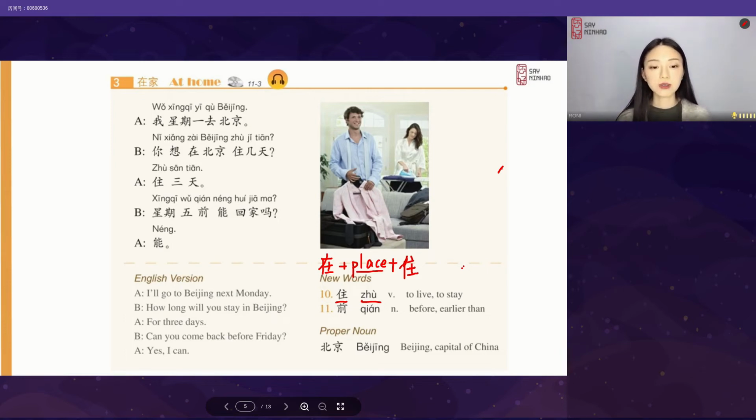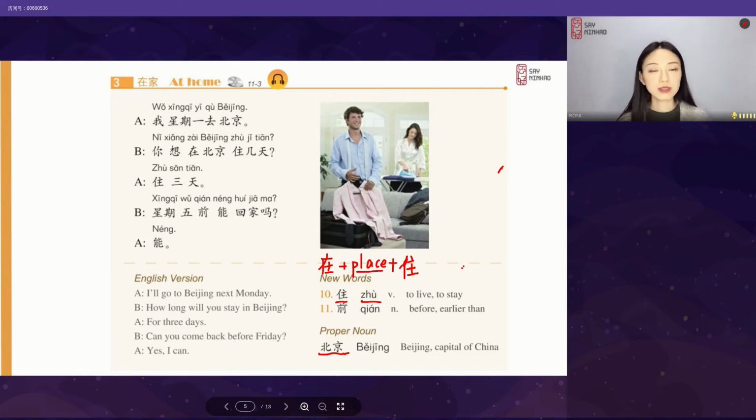Okay. If you are living in this place, which is the capital of China, 北京, read after me, please. 北京. Then how to say it? Live in this place. This is 在北京住.